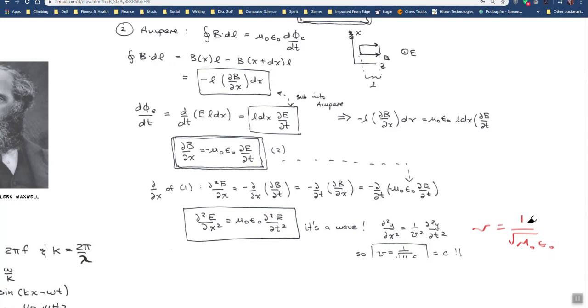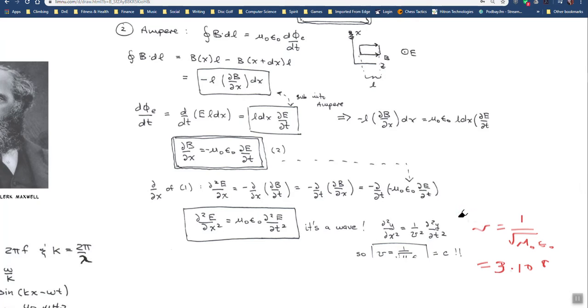And this was a big moment in the history of physics, because if you plug this into your calculator, 4 pi times 10 to the minus 7, and epsilon naught, which is 8.854 times 10 to the minus 12, you multiply those together, take the square root and flip it upside down, you'll get this number: 3 times 10 to the 8th meters per second, which people knew at the time was the speed of light in vacuum.